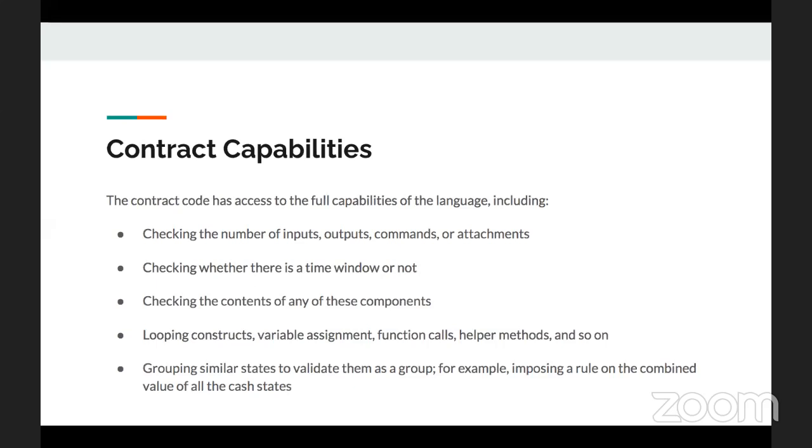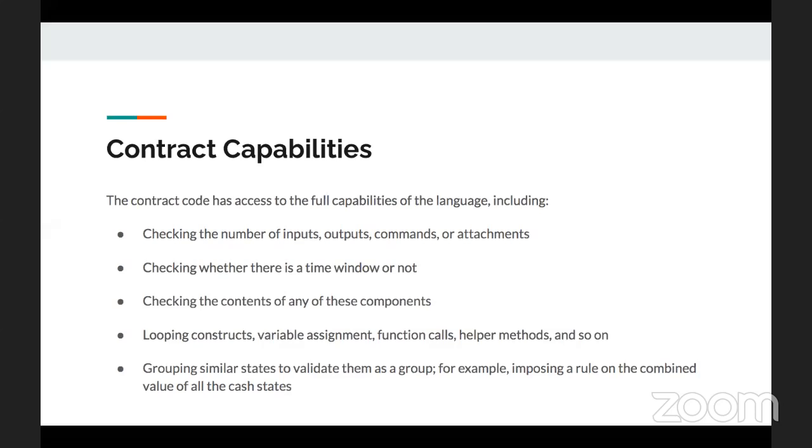And what are the capabilities of the contract? A contract has the full capabilities of the domain specific language used in Corda to check the number of inputs, outputs, commands and attachments, checking whether there is a time window, checking the contents of the components, looping constructs, and variable assignments. We have seen how to include loops and variable assignments.